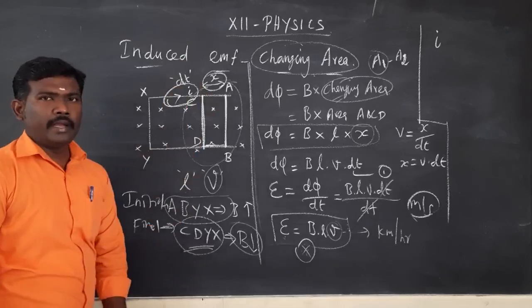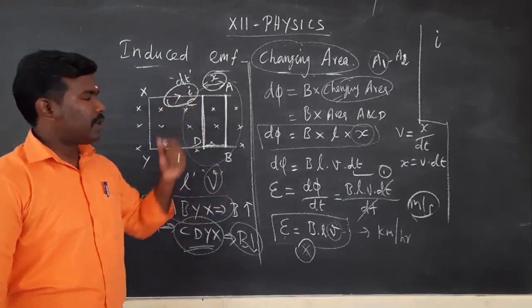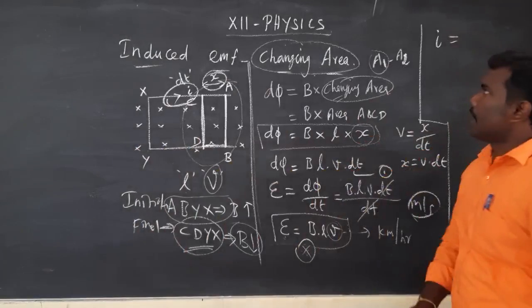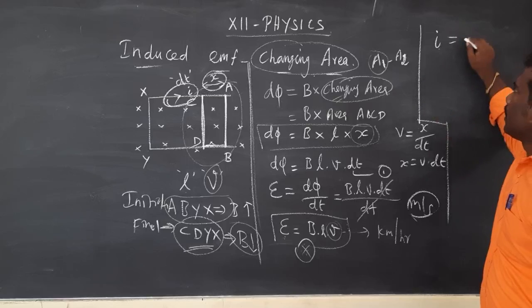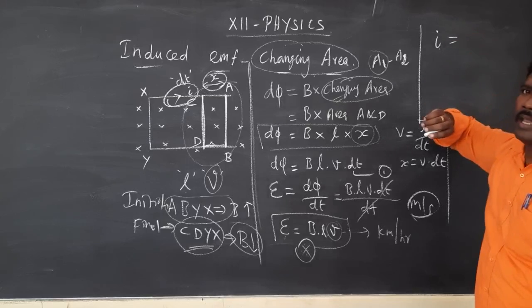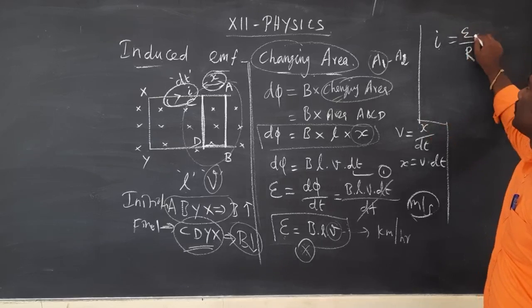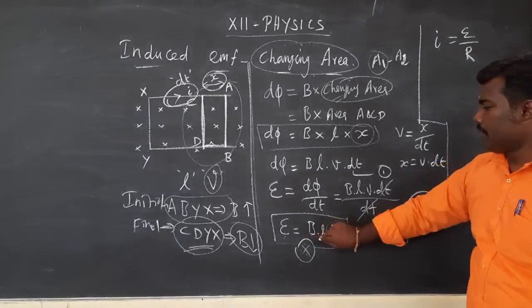So current is induced in the closed rectangular loop in the clockwise direction. Now I am going to calculate the value of I. We have the formula using Ohm's law: V is equal to IR, or I is equal to V divided by R. Here V is the induced EMF. We know the value, B L v.